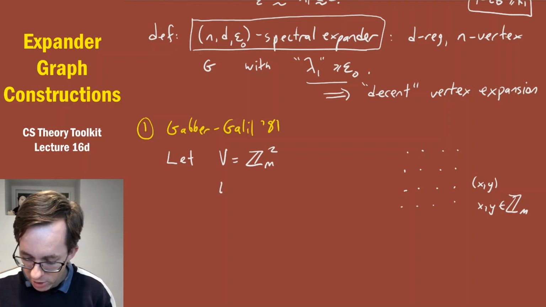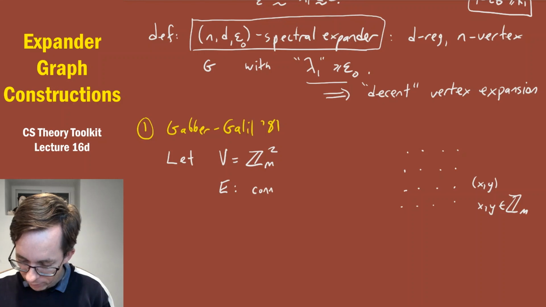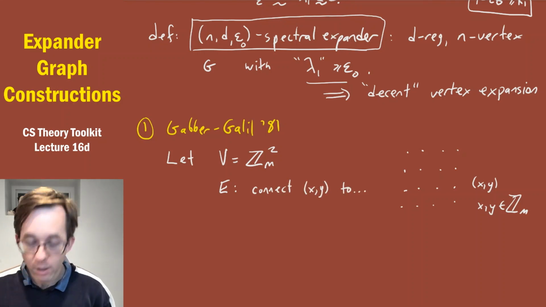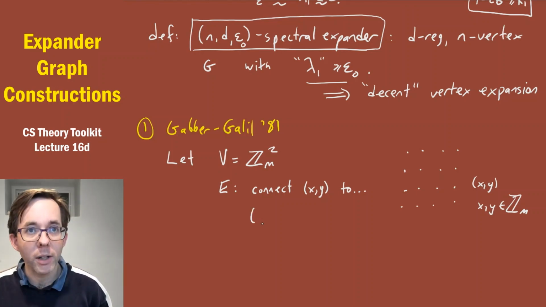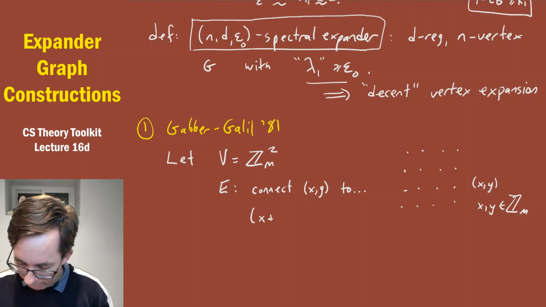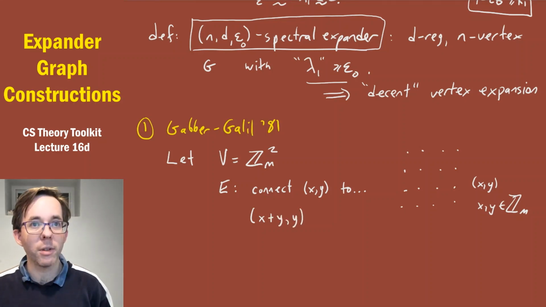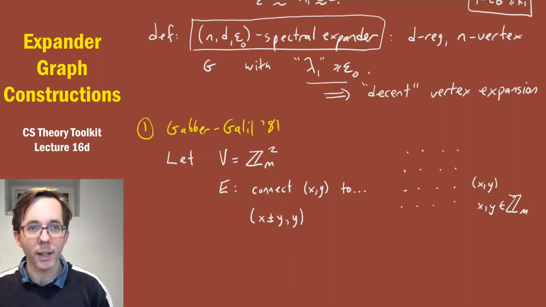And what's the edge set? Well, you connect a given vertex (x, y) to the following 8 vertices. (x plus y, y) is the first neighbor of (x, y). (x minus y, y) is the second neighbor.